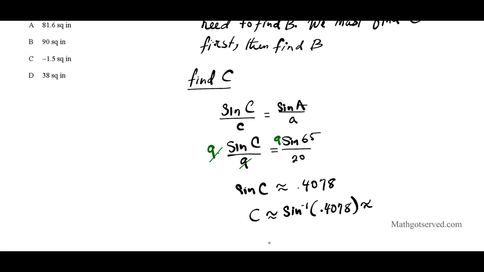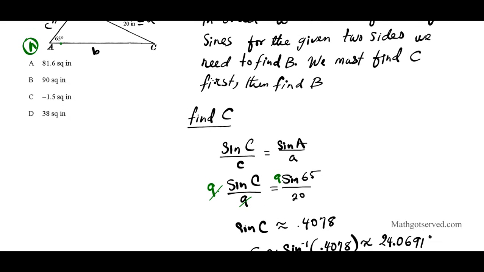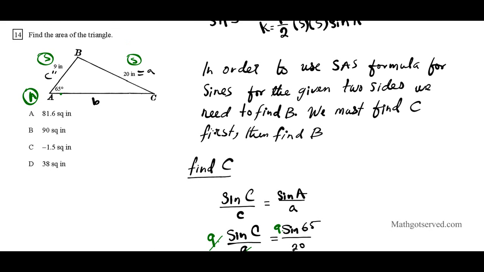So big C is approximately 24.0691 degrees. Now let's put that in here, 24.069.